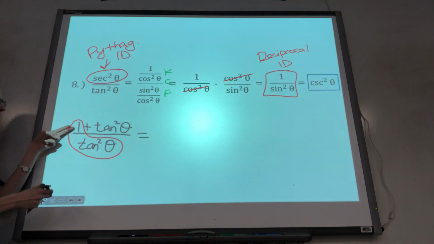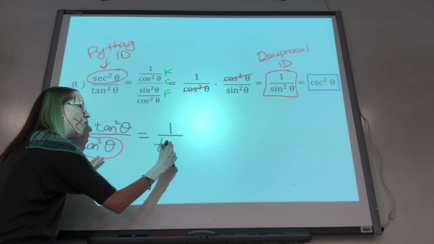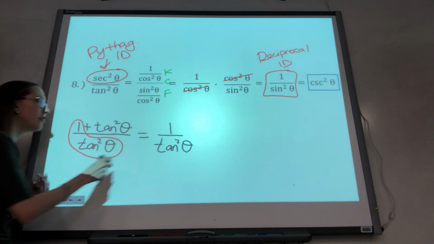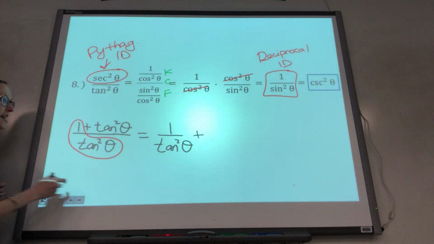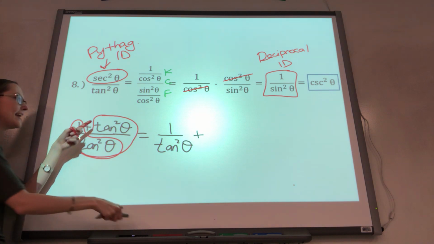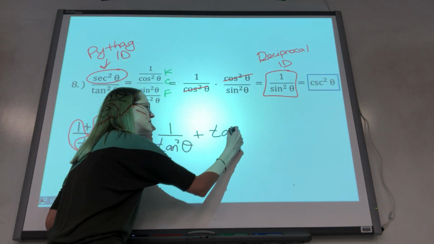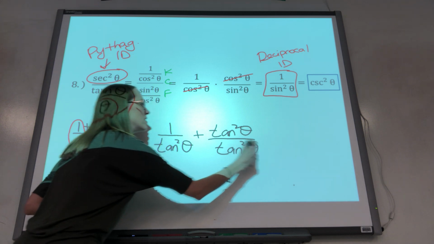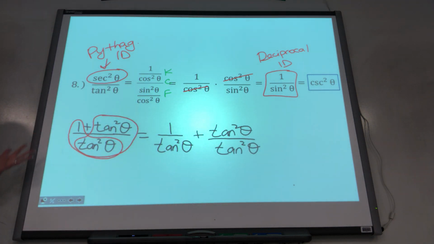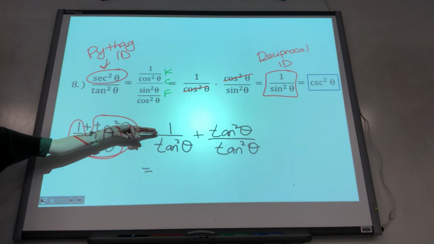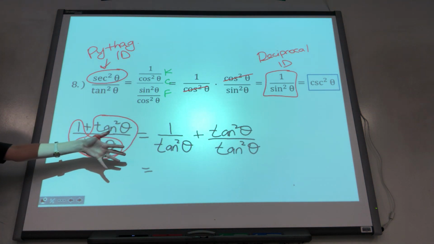I could put the 1 over tangent squared of theta, then put the plus sign, then put the second part, which is tangent squared of theta over tangent squared of theta. Now, what could I replace 1 over tangent squared with?